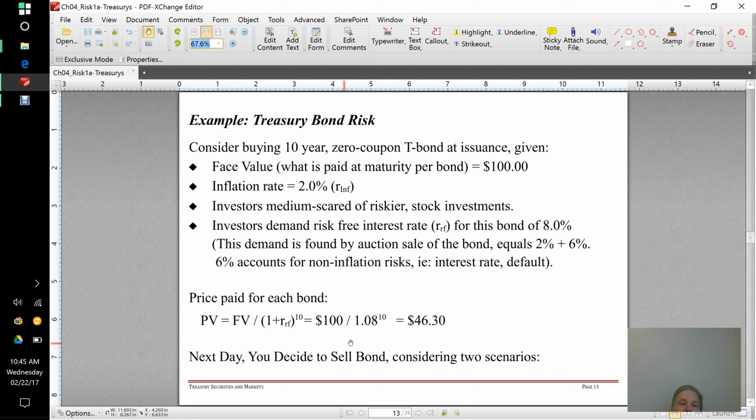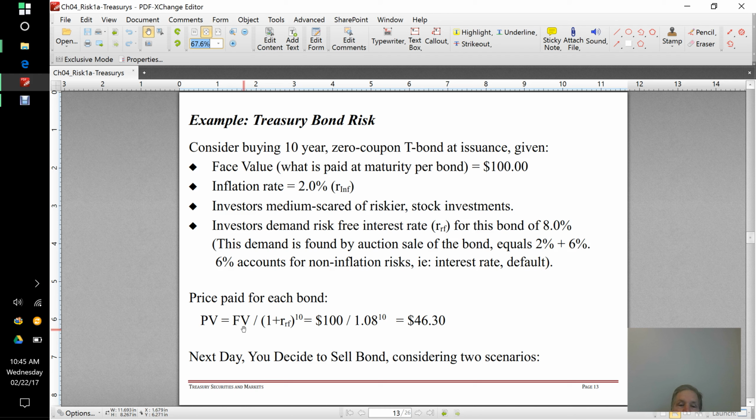Okay, so if investors feel like they need a total 8% risk-free interest rate on this 10-year zero coupon treasury bond at auction, how much are they going to pay for it? Very, very simple. We know how to do this. We just use the present value, future value formula, and we solve it for the present value.